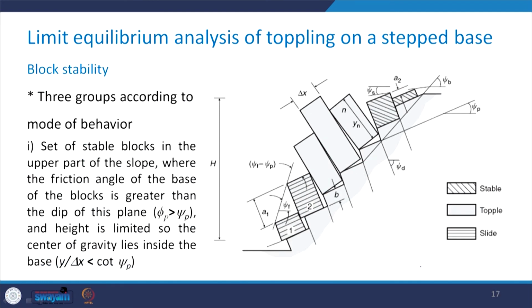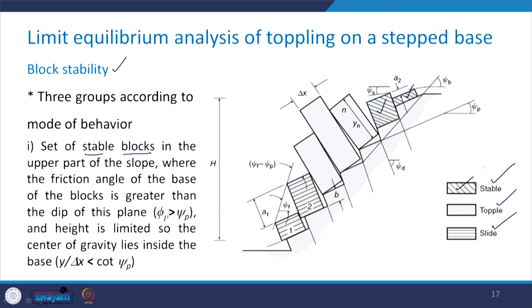Now, the second step is going to be the block stability. There are 3 groups according to the mode of behavior. I already explained to you that there can be stable blocks, toppling blocks and sliding blocks. The first set comprises the stable blocks, and these will be in the upper part of the slope. As you can see, this block and this block are the stable blocks.